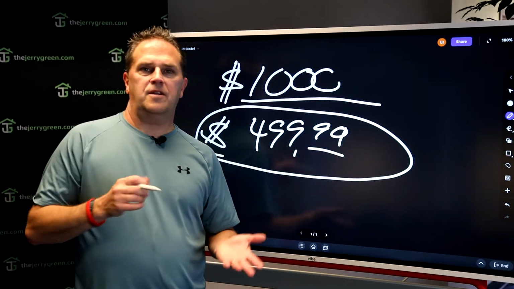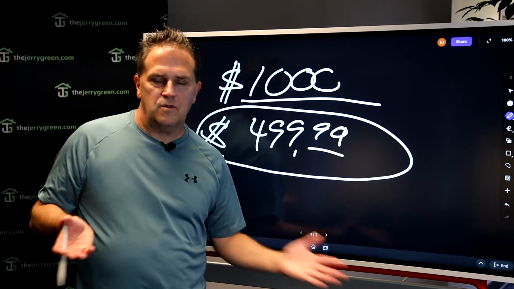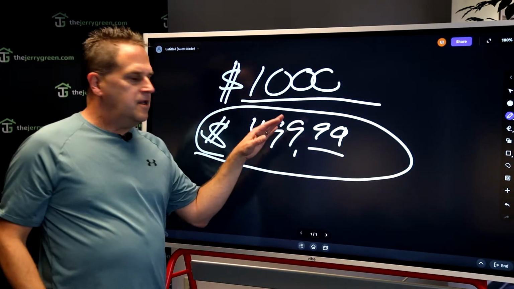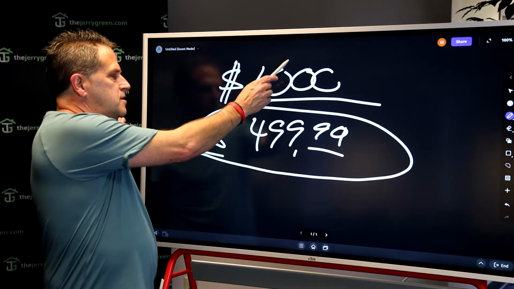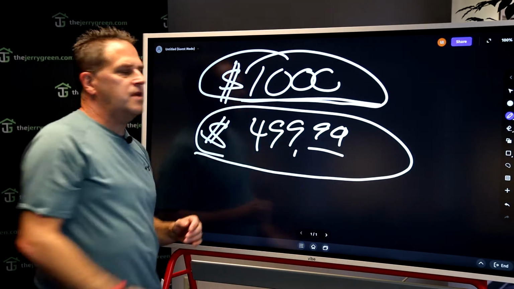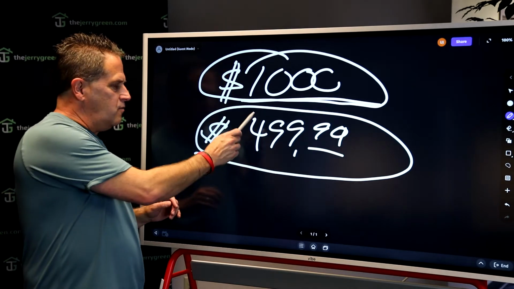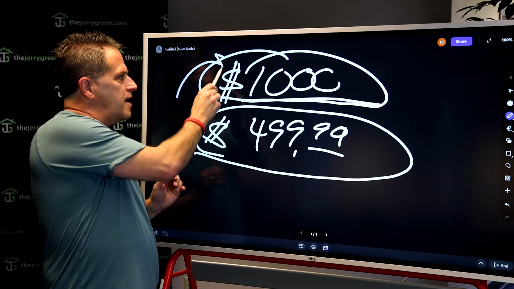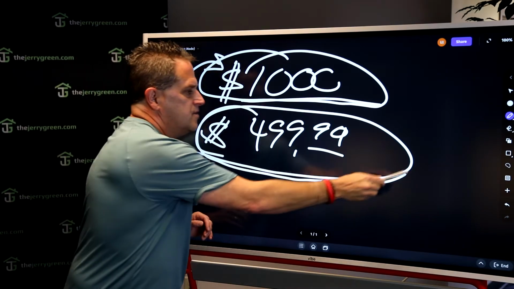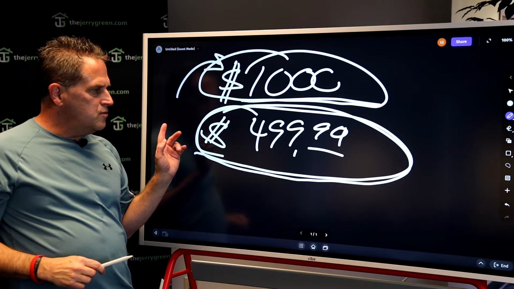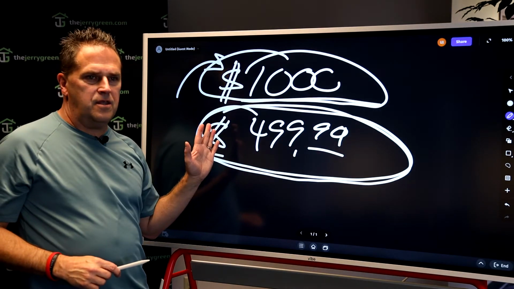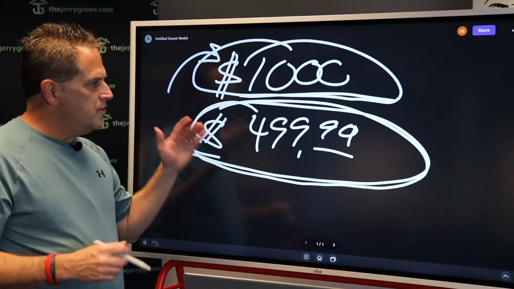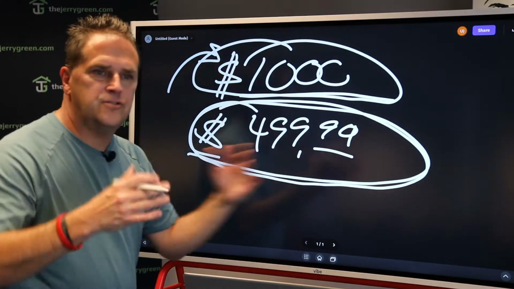So what they're doing on this, guys, and a lot of you don't realize this is happening, is you see a product that is valued at $1,000, and the perceived value is $1,000, but they're letting you purchase it for $499.99. Okay, so with that said, what they've done is they basically have anchored you right on that.